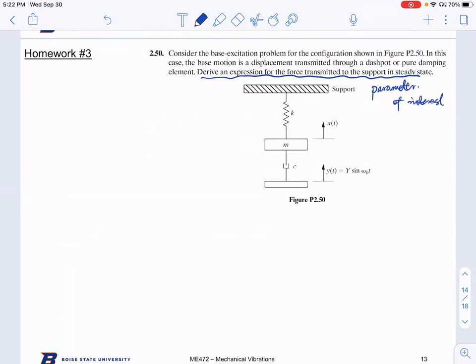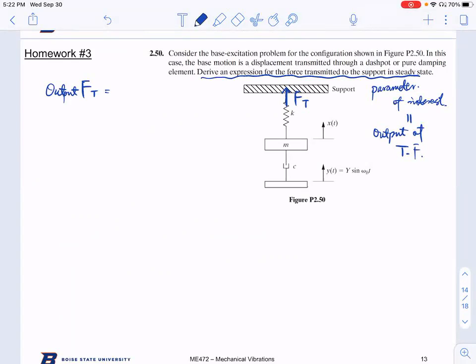Which parameter we want to investigate, we want to study. So we want to investigate how much force is transmitted to the support. That actually gives us the output of the transfer function. That means your output should be Ft. As your Y is vibrating, how much force is transmitted to the support.